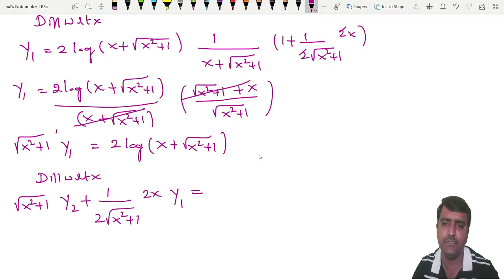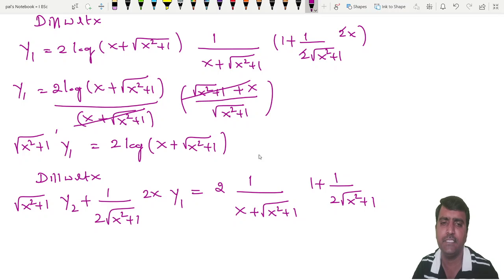This equals 2 into differentiation of log, which is 1 by x plus root of x square plus 1, times 1 plus 1 by 2 root of x square plus 1 into 2x.